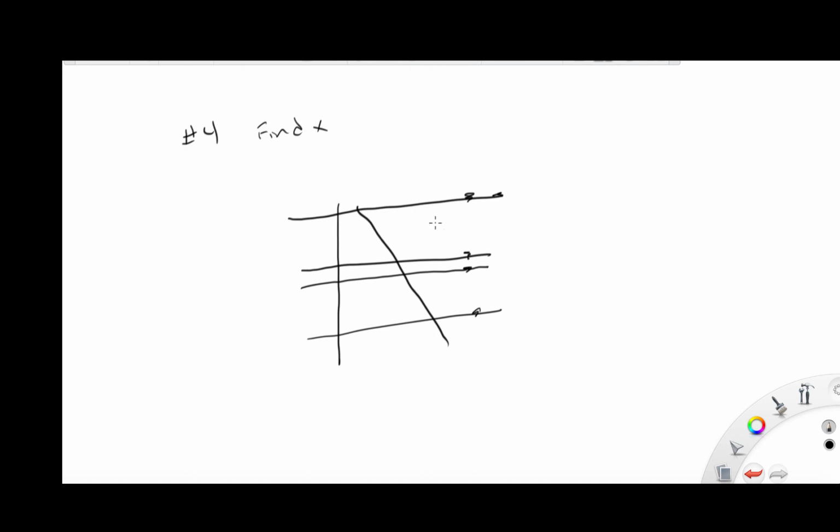Actually, it goes the other way, doesn't it? Let's do this in red. There's one, and there's one. This is 3. This is x. We don't know what x is. This is 2. And this is 3.